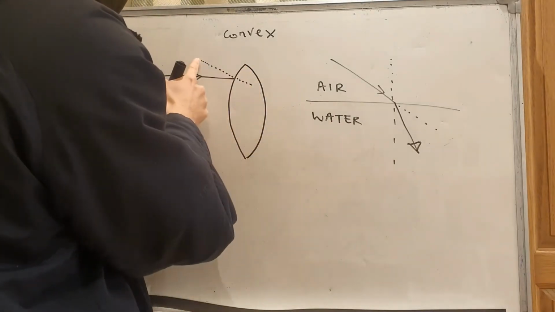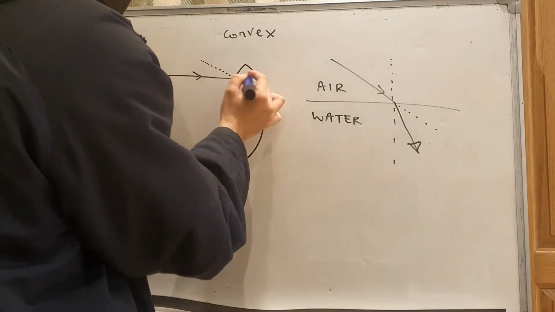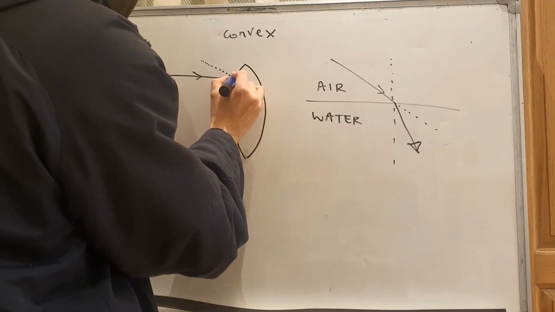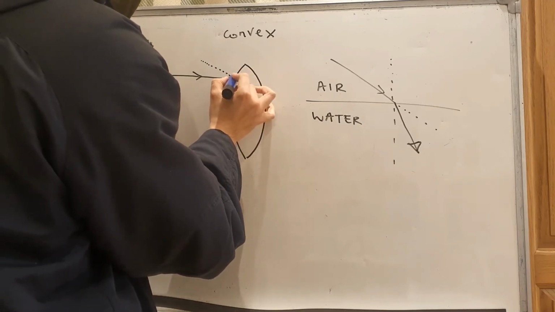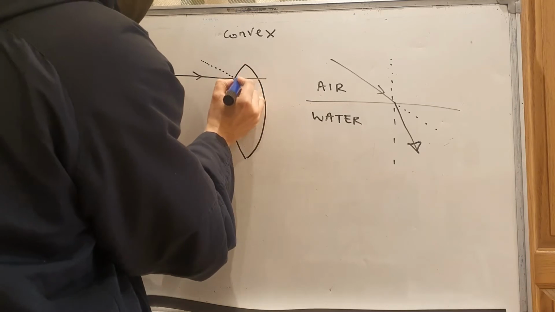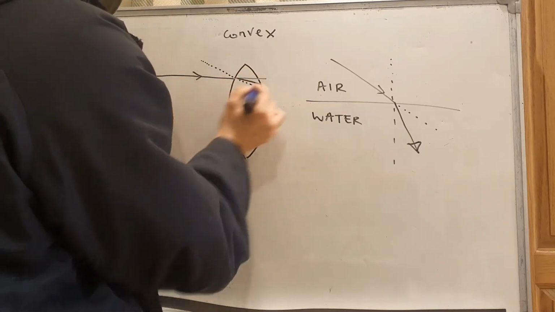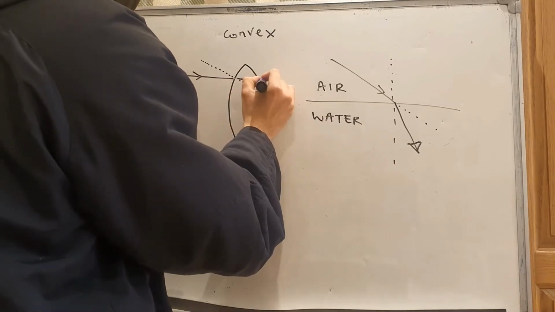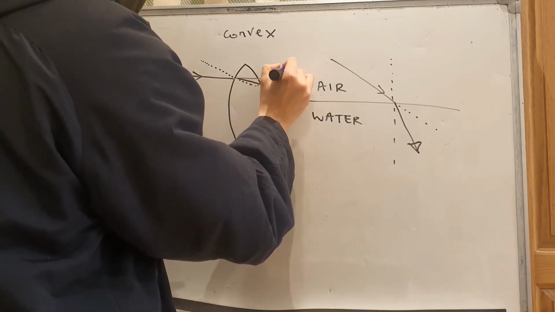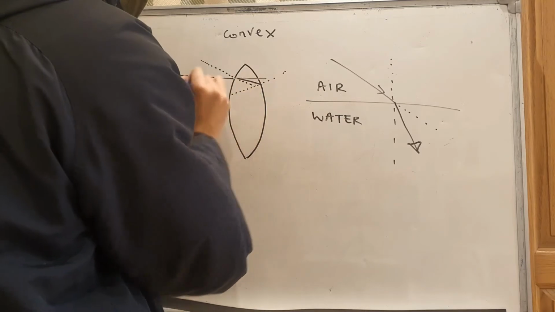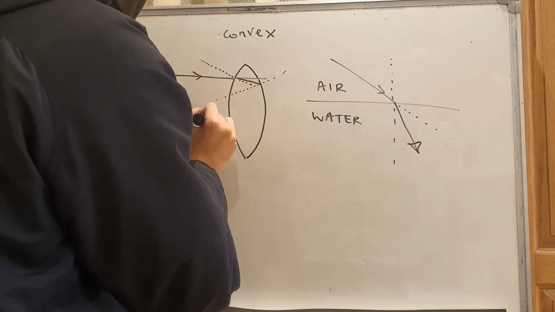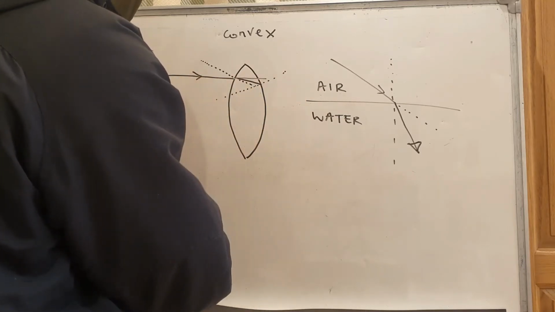So if this is the normal to the surface, then rather than going straight through, so straight through would be here, it will go more towards down in this direction. And then we draw the normal to this surface, so this surface will be here, and it will bend towards the normal again.